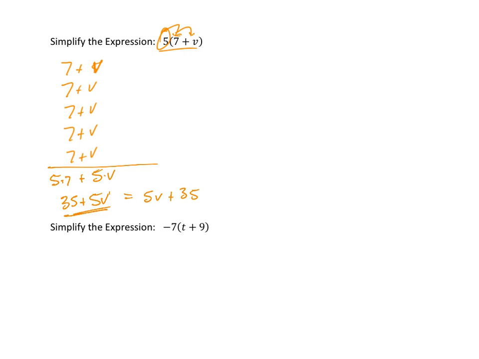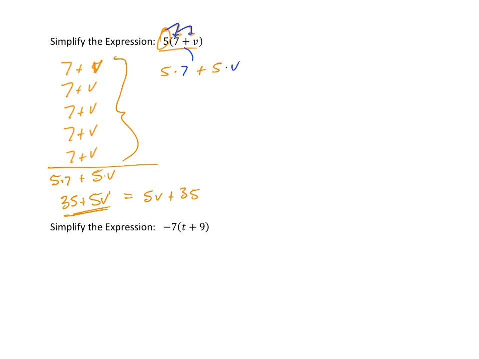Okay, so this is what distributive property means. And what we talked about was we would say, well, we're going to have 5 times 7, because we're going to have Momma Kiss the Babies, right? Plus, we're going to bring that sign down. And then 5 times the v.